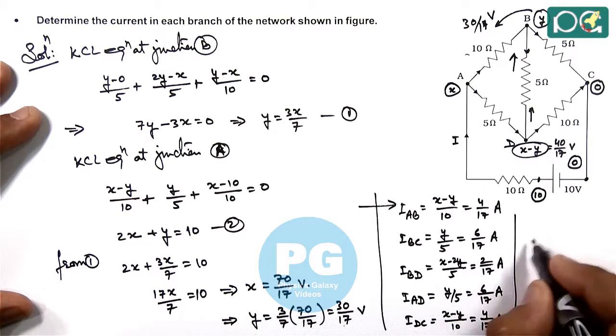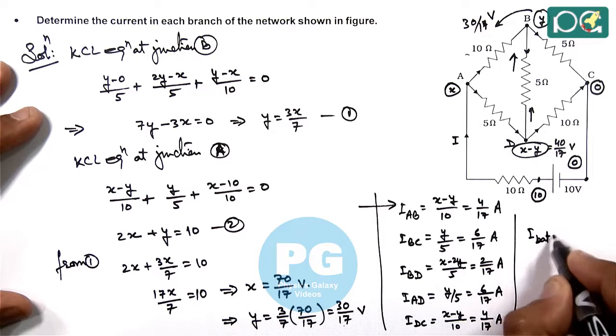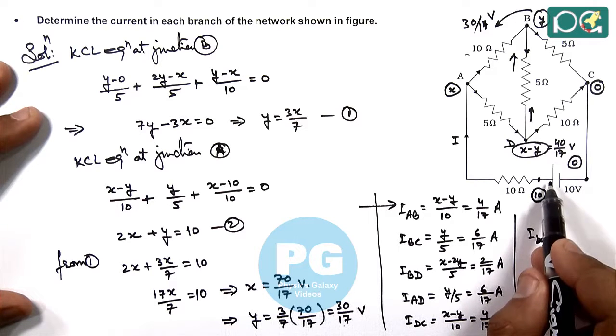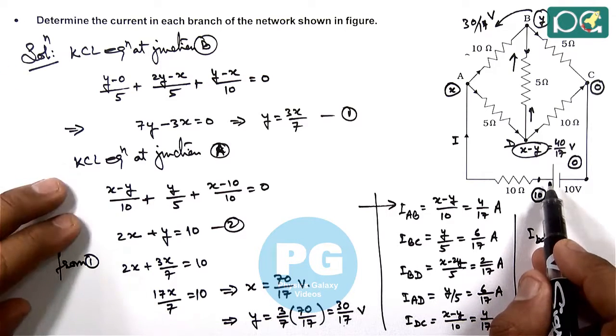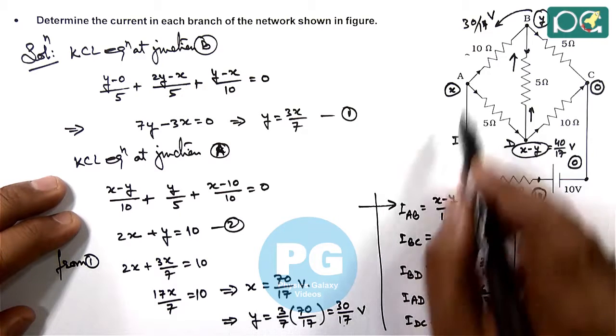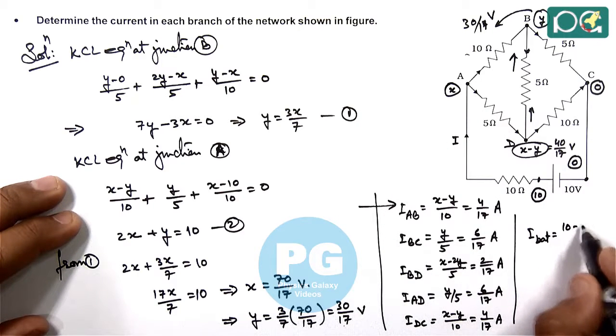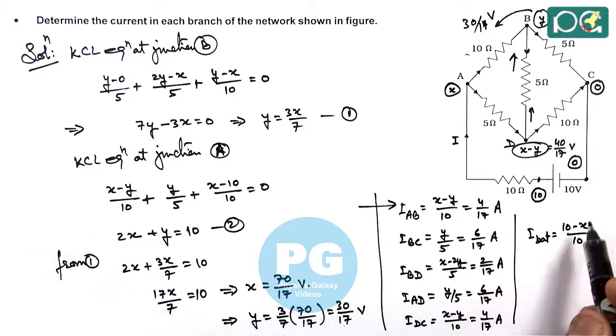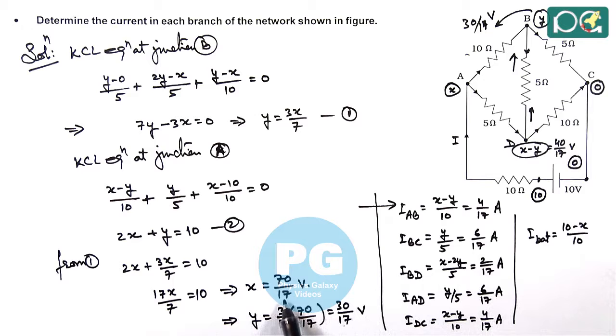Lastly, the current through the battery is given by (10 minus x) by 10. The value of x we have is 70 by 17.